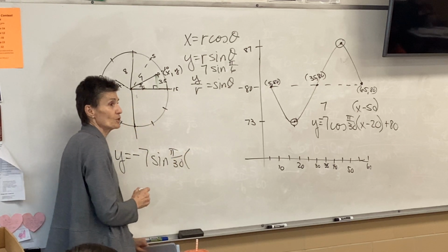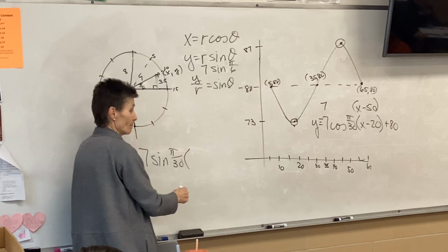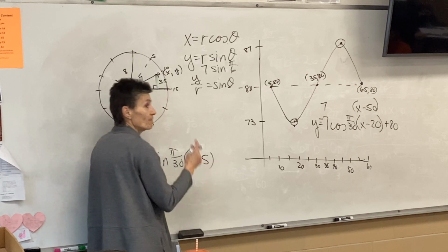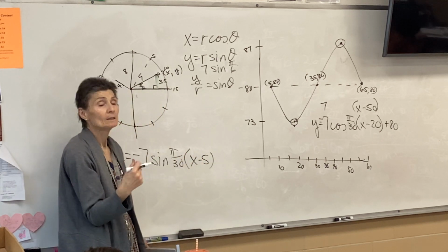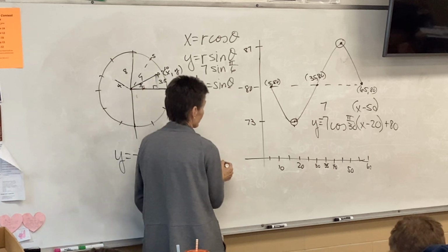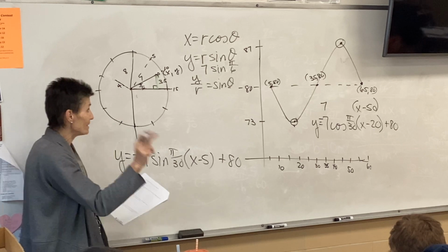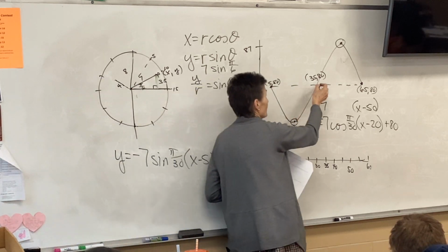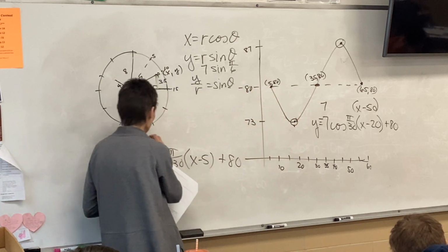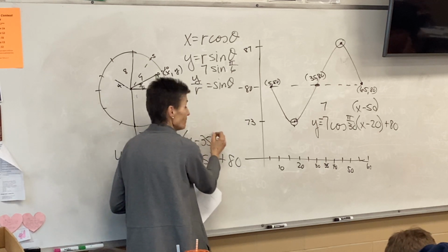What's my phase shift if I'm looking at that as a negative sine curve? x minus 5. The phase shift is actually 5, but my c would be negative 5. Plus, if you wanted to, you could start over here, and then it would be a positive 7, and you would have x minus 35.